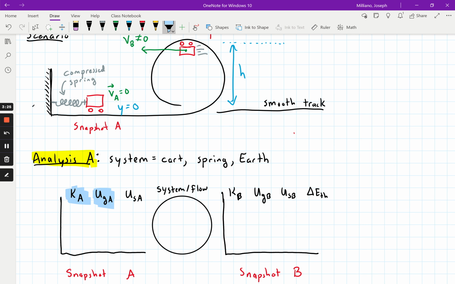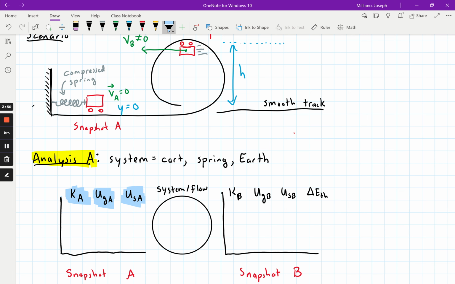So that's energy due to the configuration of the objects in our system and where they are.